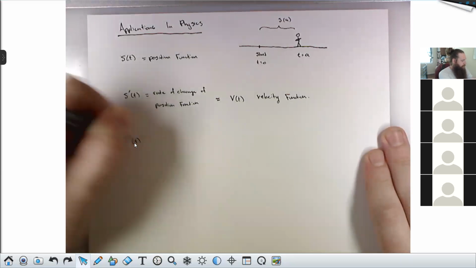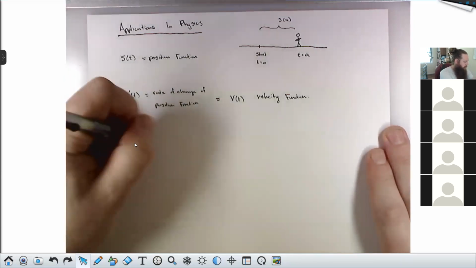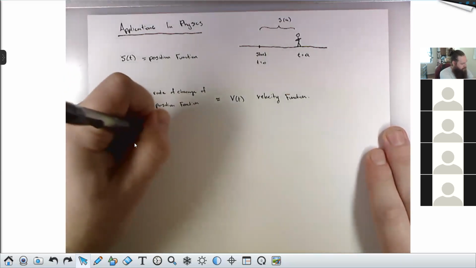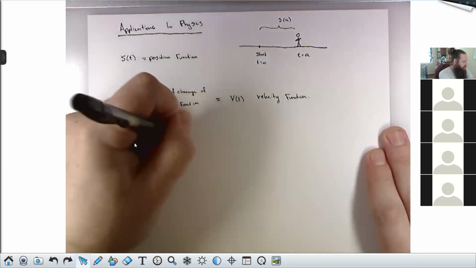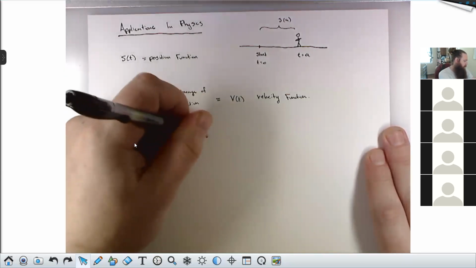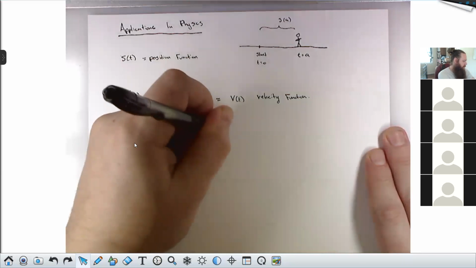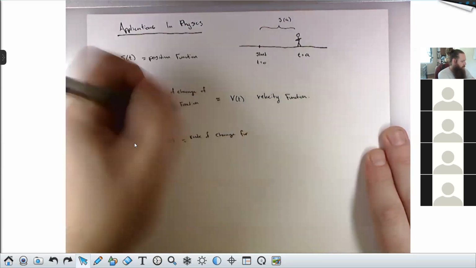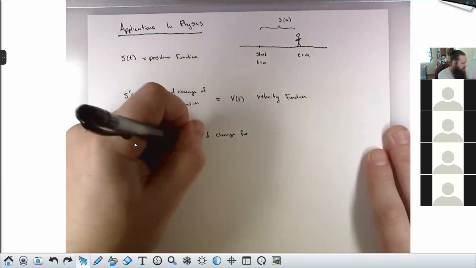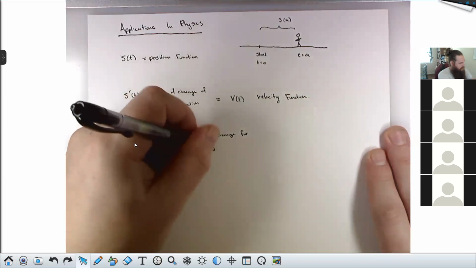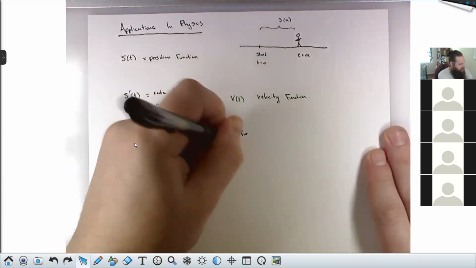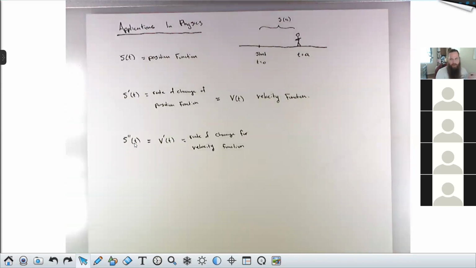S double primed, which would be V primed. This is the rate of change for the velocity function. So how fast is my velocity changing? If I'm going 10 miles an hour now, then a second later I'm going 20 miles an hour, a second later 30, a second later 40.